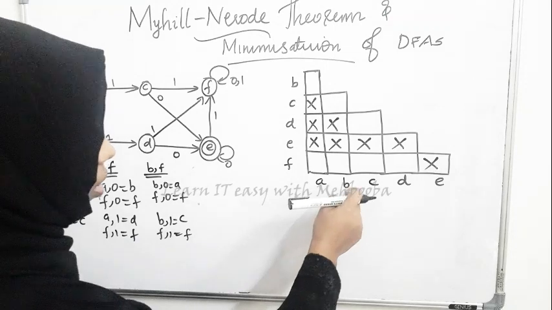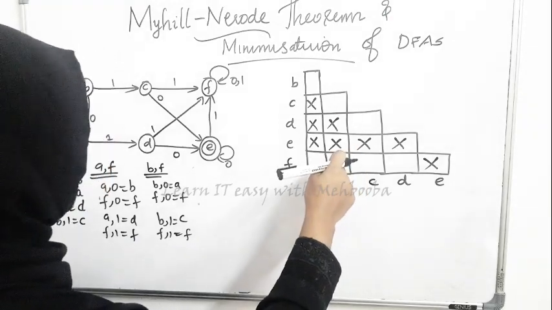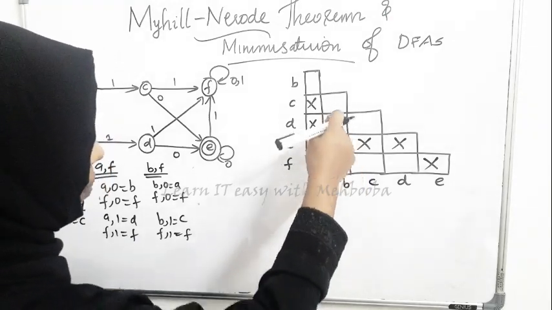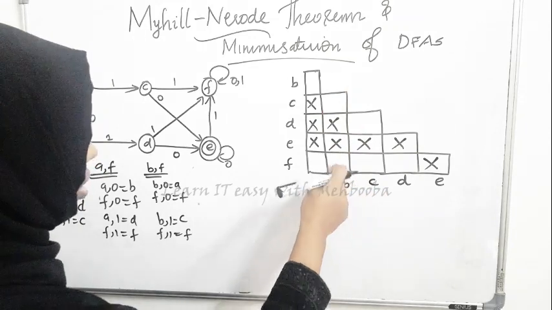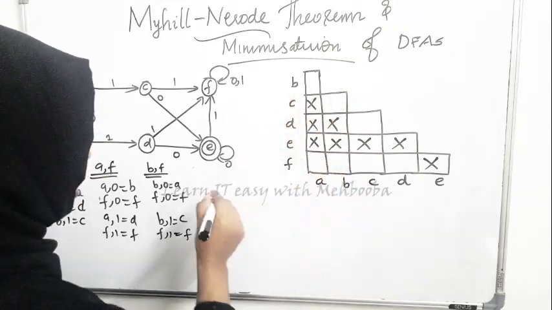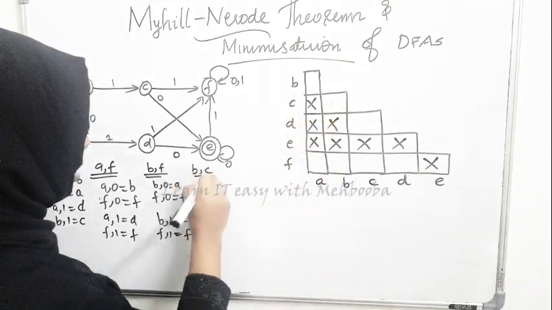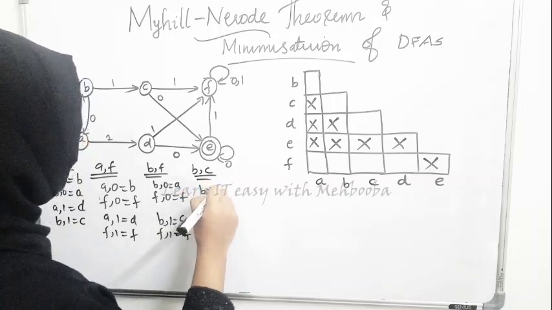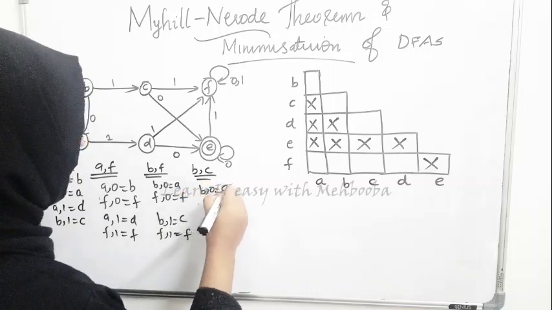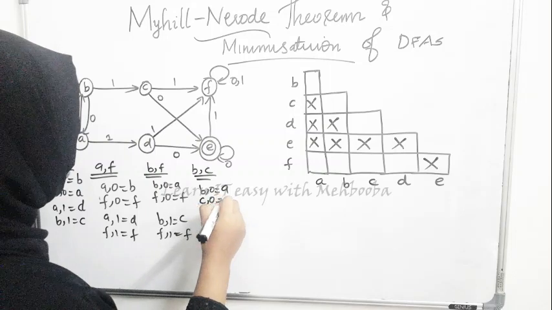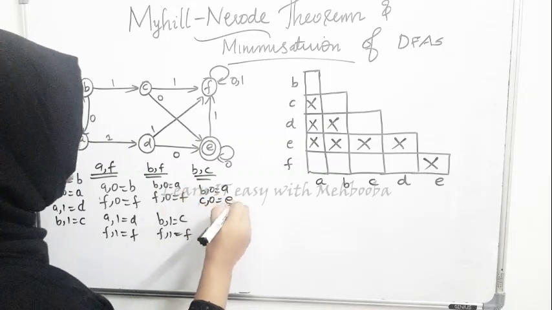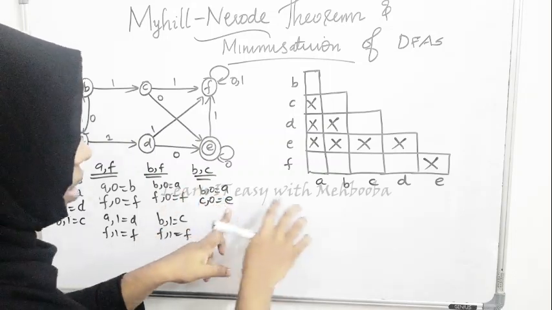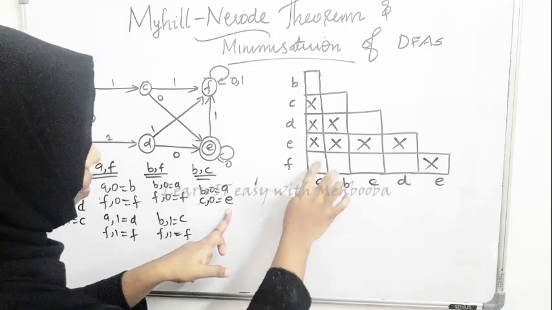BD has been checked. Now we have to check BC. Now B on 0 goes to A, C on 0 goes to E. So AE is already marked.